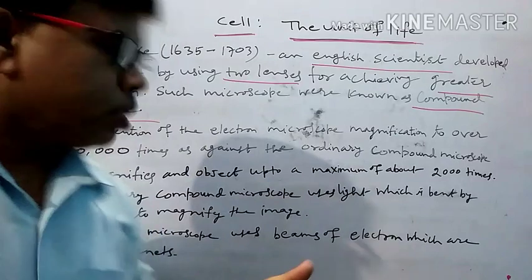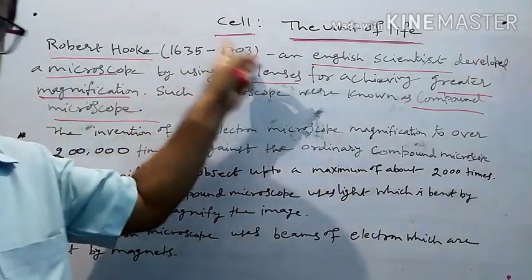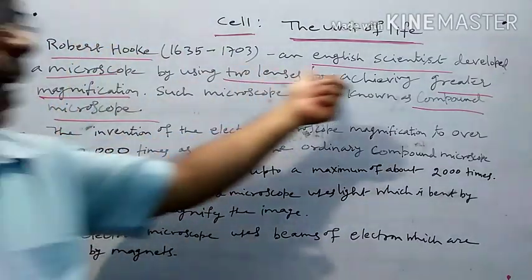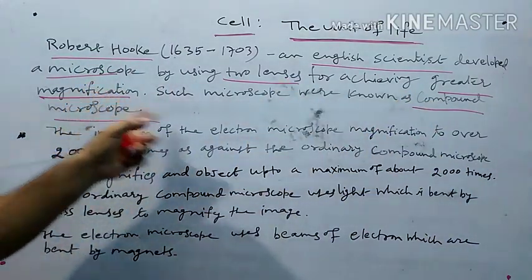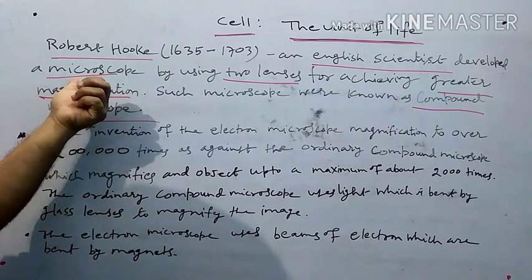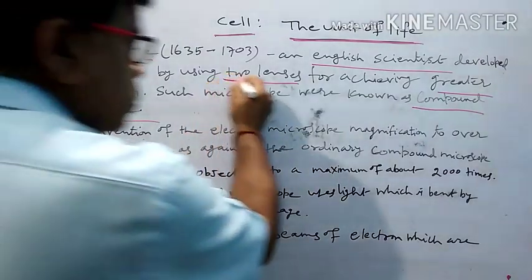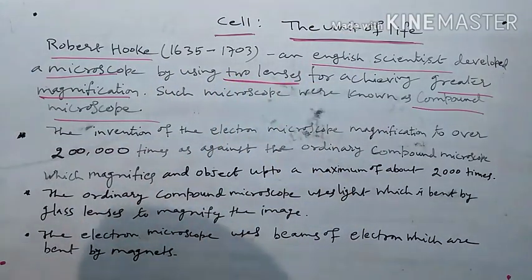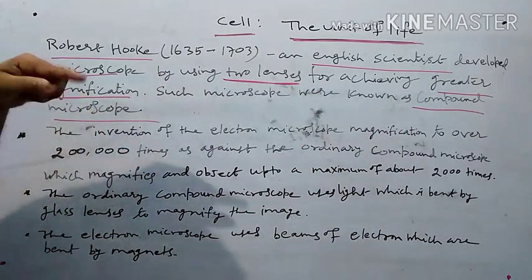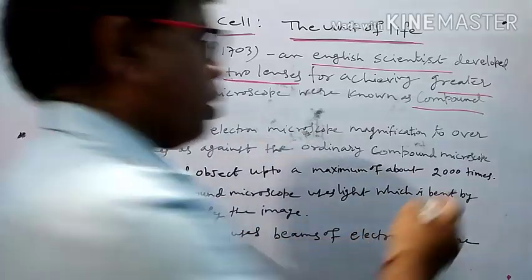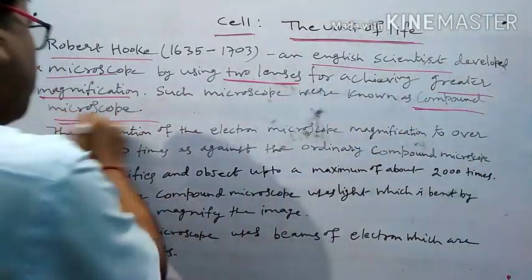Robert Hooke, 1635 to 1703, was an English scientist, and he developed a microscope by using two lenses for greater magnification. So that microscope is called a compound microscope.